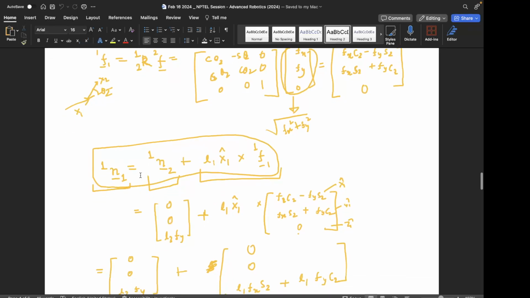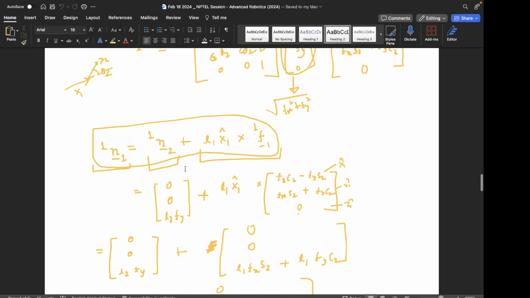Now, finally, to get the joint torque at joint 1, we add the reaction torque of joint 2, that is, the reaction torque due to the torque at joint 2, and the torque generated due to the force F1 applied at a distance L1 from the axis of joint 1.